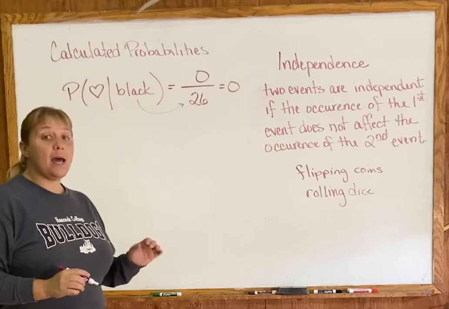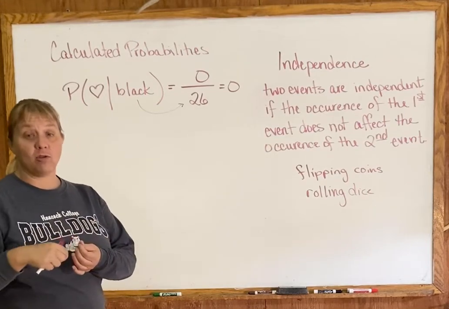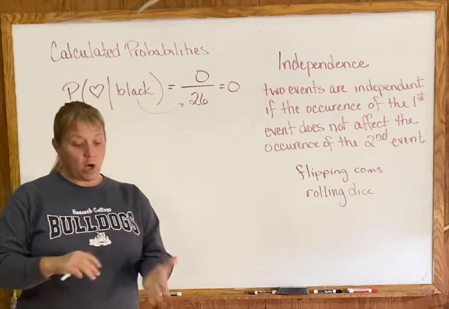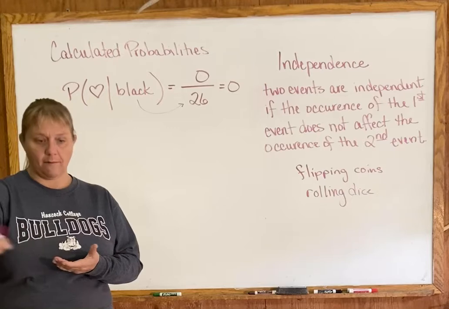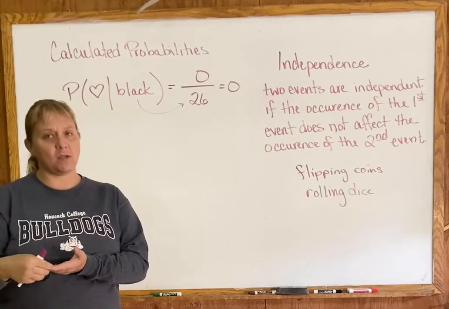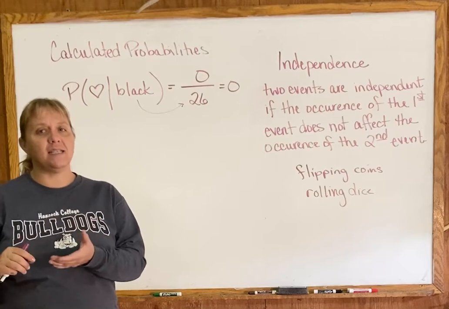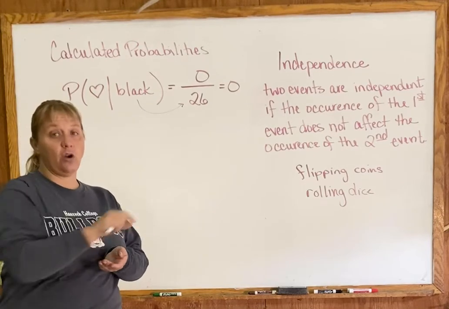Now, when we think not about drawing a card from a deck, but dealing cards out of the deck. So if you start with a full deck in your hand and you start to deal cards out, the first card gets dealt out. Now when you turn to the second person to deal out the second card, has the deck changed? It has, hasn't it? Because there's a card over there.